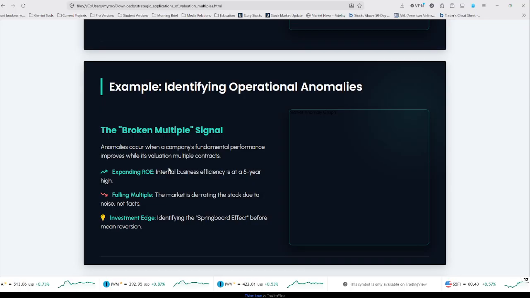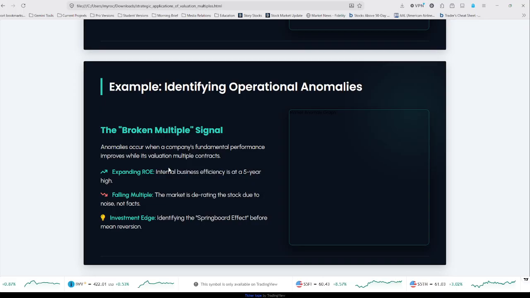So again, there's no way for me to say to you that today is the day Adobe's going to stop falling. What I can say to you is we have an anomaly here. We have a disconnect.